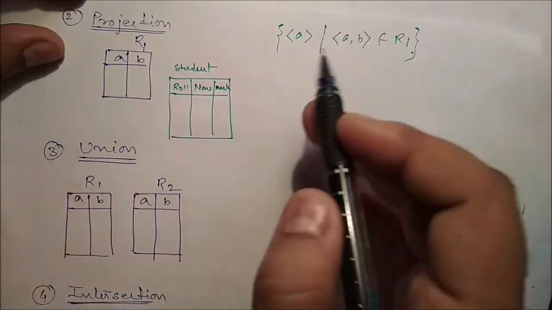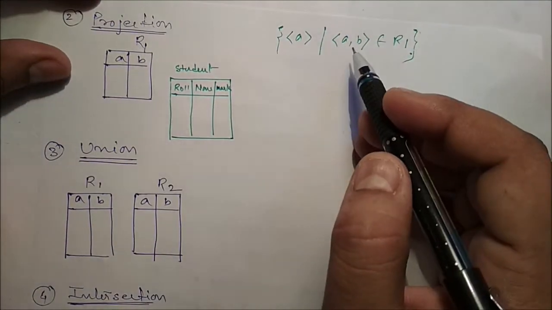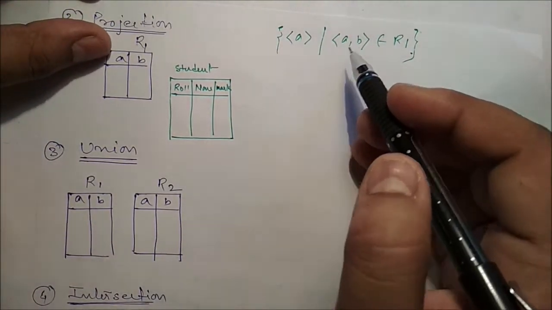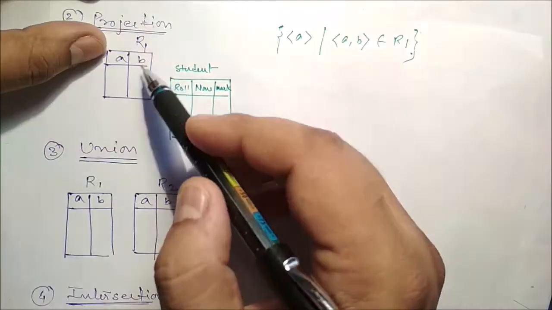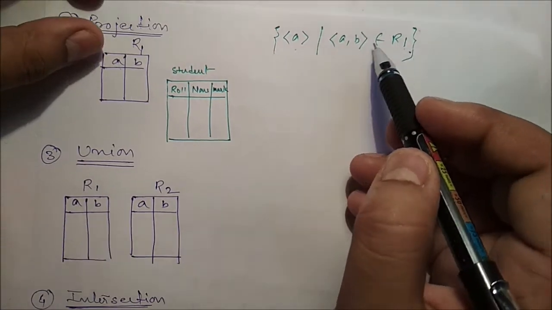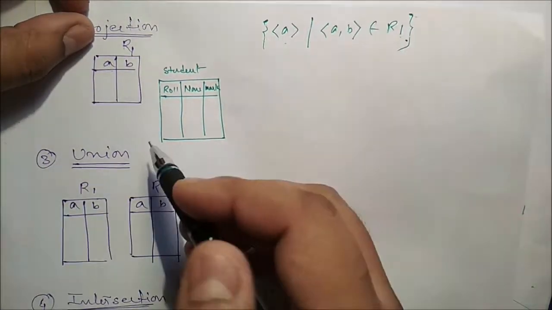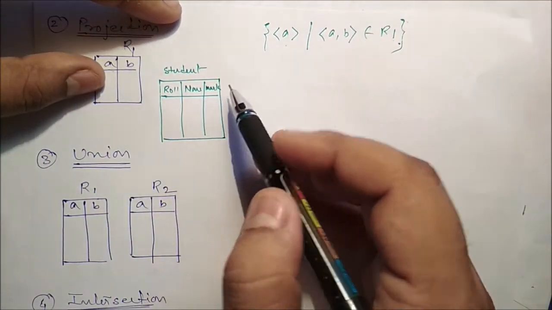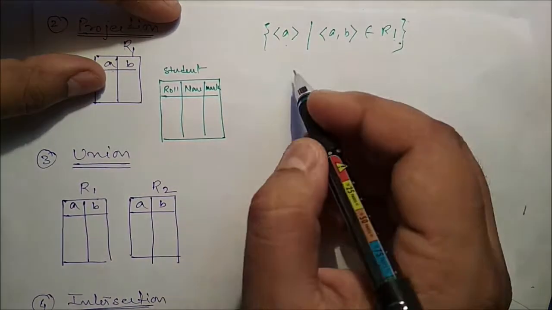Next is projection. In projection we have to print particular attributes, a particular column. So from R1 we have to print A, where A and B belong to R1. Similarly here we need to print the roll number only, for students whose marks is more than 80.